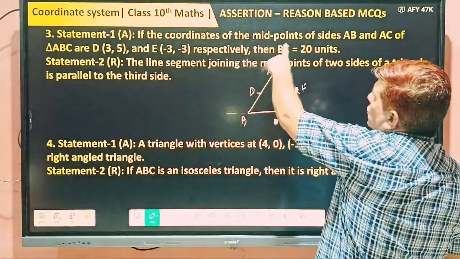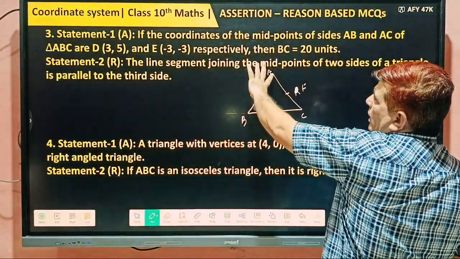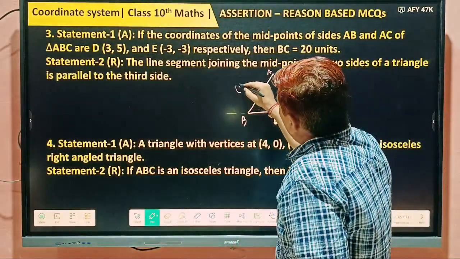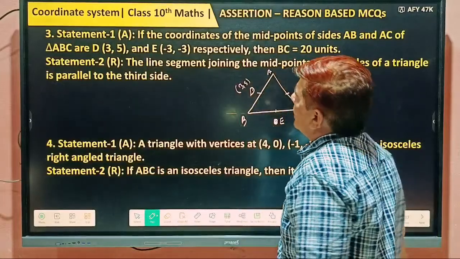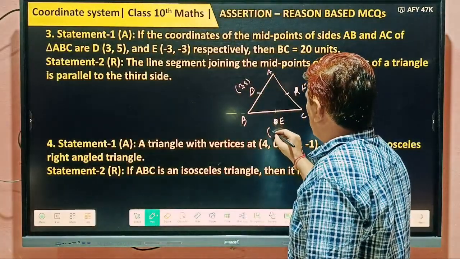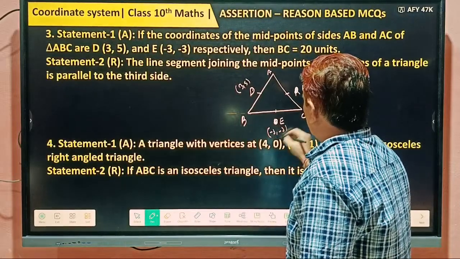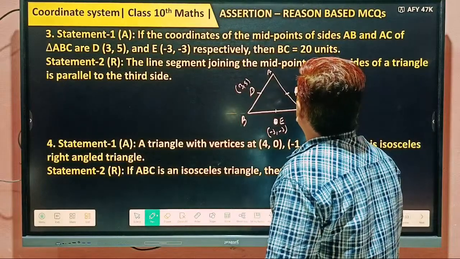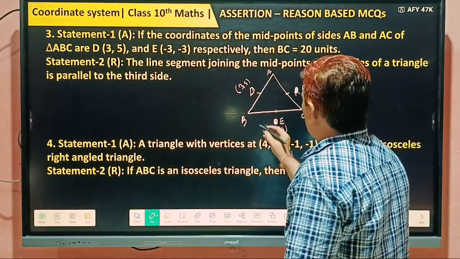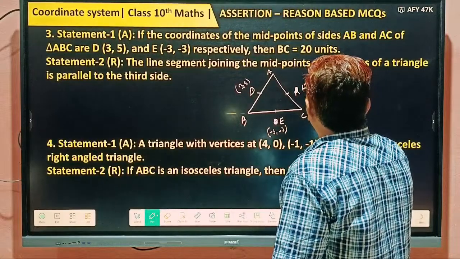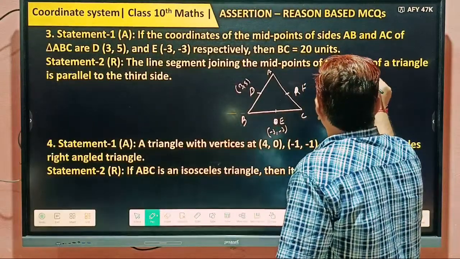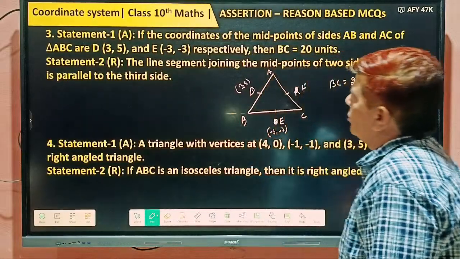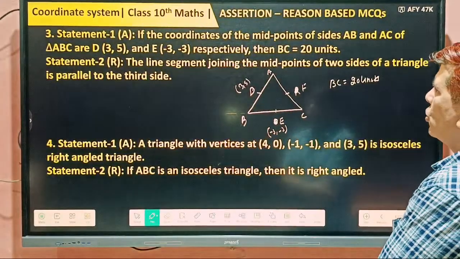If the coordinates of the midpoint of side AB, which is D, are 3 and 5, and E, the midpoint of BC, has coordinates -3 and something, respectively, then BC is equal to 20 units. Yes or no?